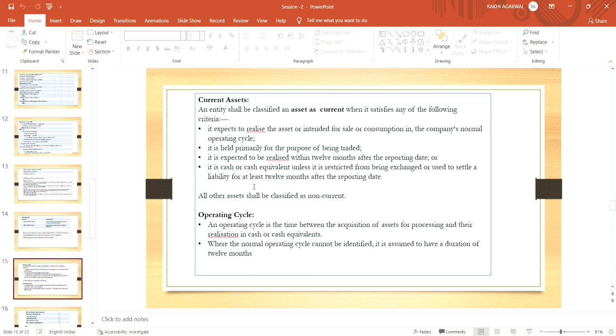And if the asset is realized or sold or consumed during that period, then the asset is said to be a current asset. In general, if nothing is said about the operating cycle, then we will assume that the operating cycle duration is 12 months. When normal operating cycle cannot be identified, it is assumed to have a duration of 12 months.